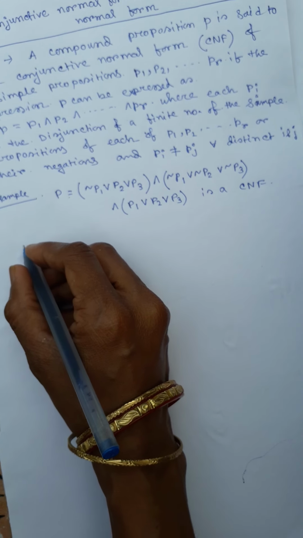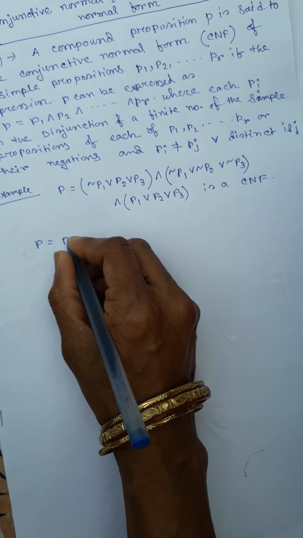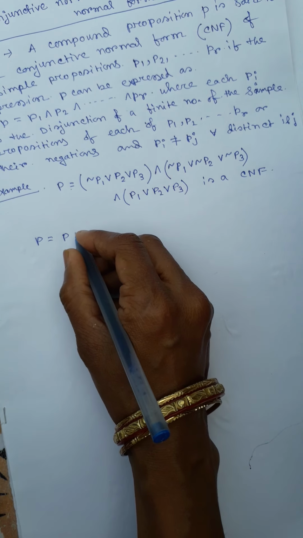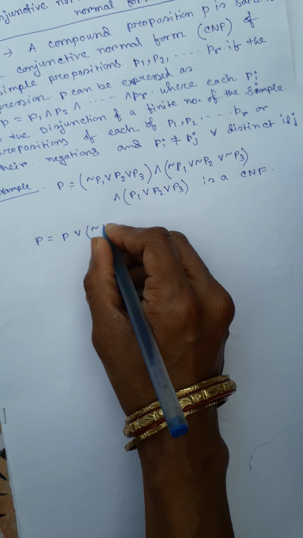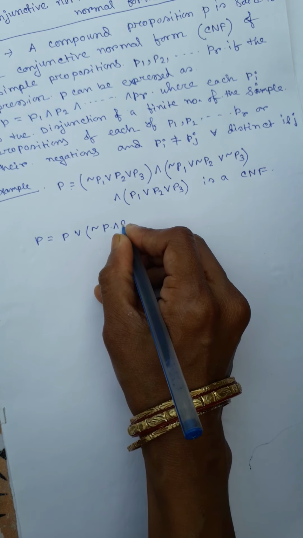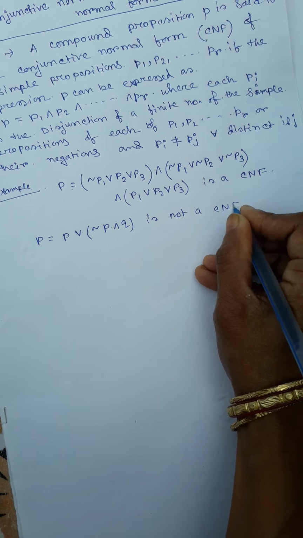Or P equals P disjunction negation of P conjunction Q is not a CNF.